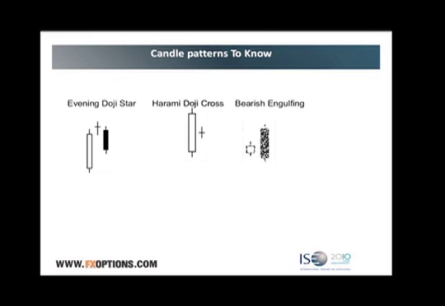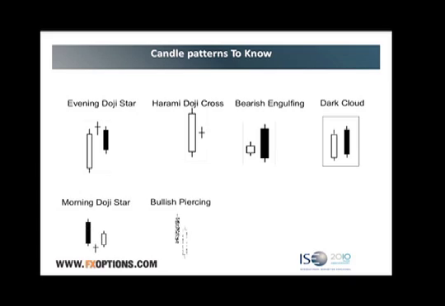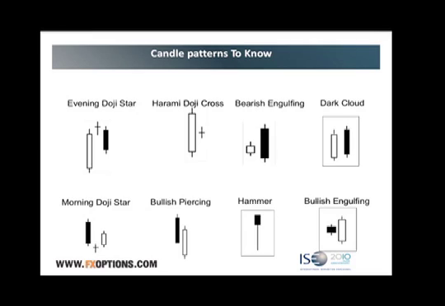Now here are some very popular and more reliable candle patterns that I utilize. One, of course, after long uptrends as a downward reversal pattern is what we call the evening doji star. Now, I have many different patterns and some proprietary ones. Some of you might be familiar with the low close doji here.